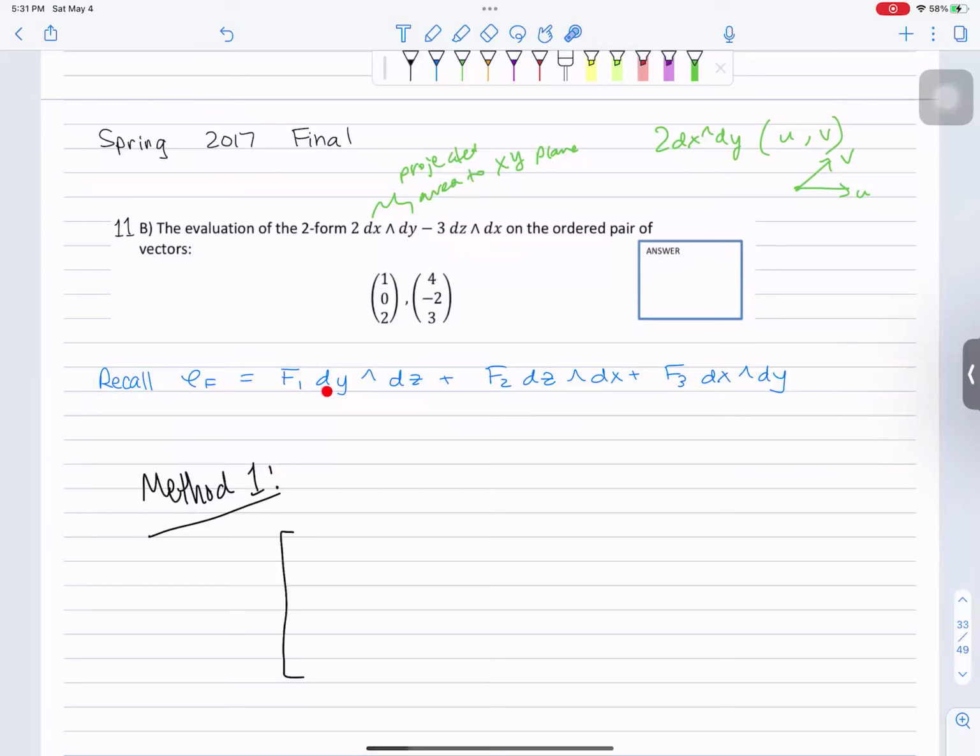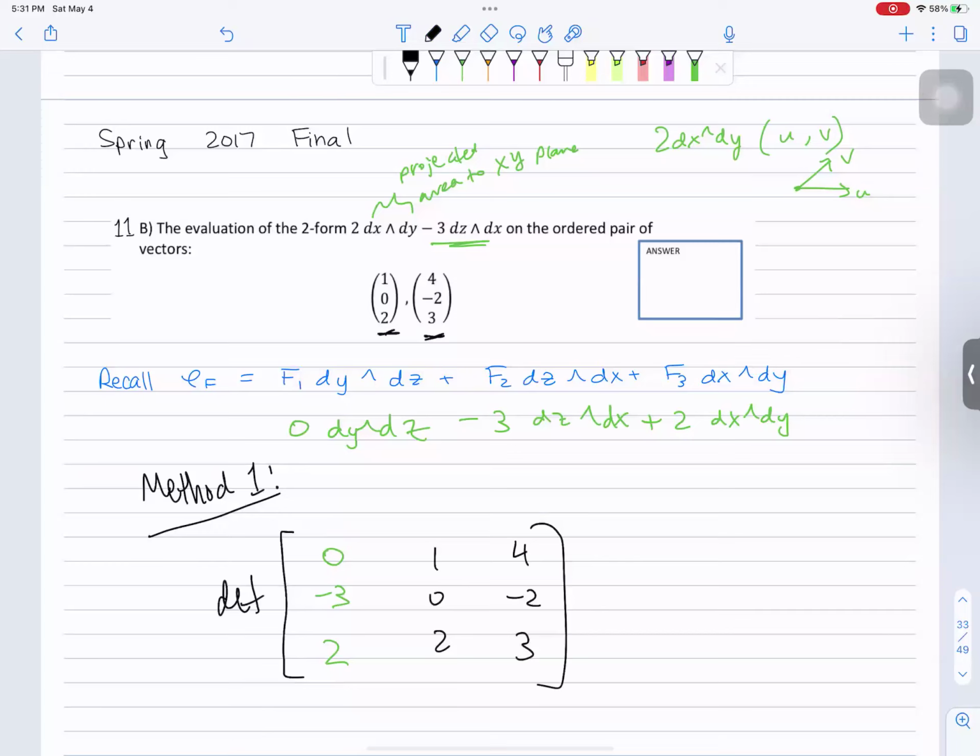The correct order, as you recall, is dy dz, dz dx, dx dy. So I have a dx dy here. That's the 3rd component. And dz dx, that's the 2nd component. And I don't have a dy dz term. So that means my field is 0, -3, 2. So that's my 2 form written in the correct order. Then I have my vectors, and I write them as columns.